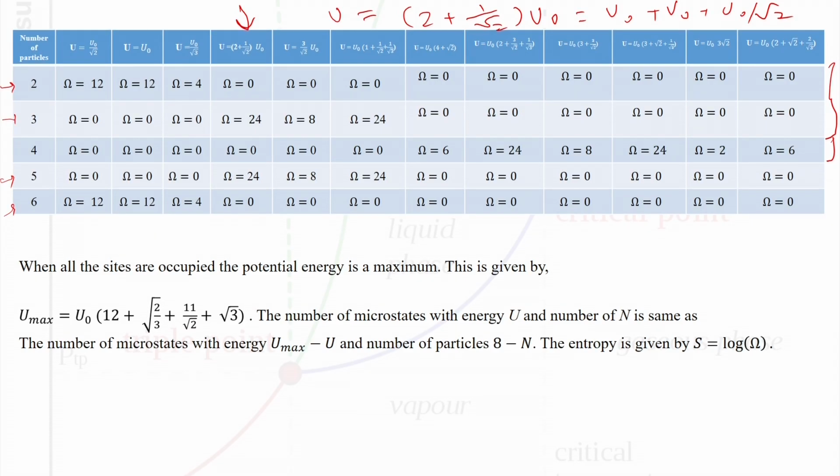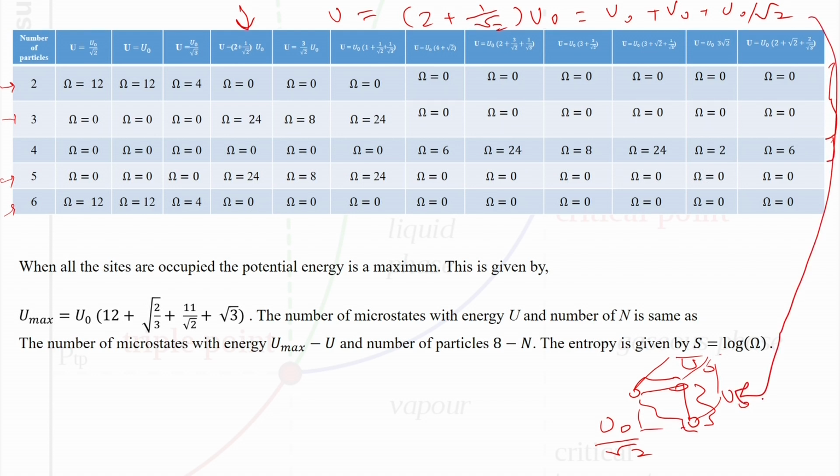If you have a situation like this, this pair has potential energy u0, this pair has potential energy u0, and this pair has potential energy u0 by square root of 2. Put together, that's the total potential energy. That is this example. Like that you start populating.